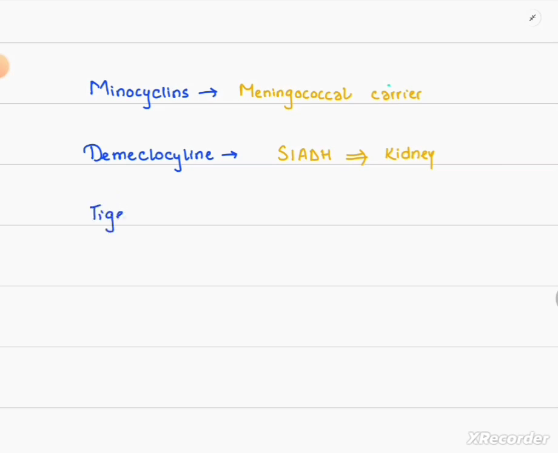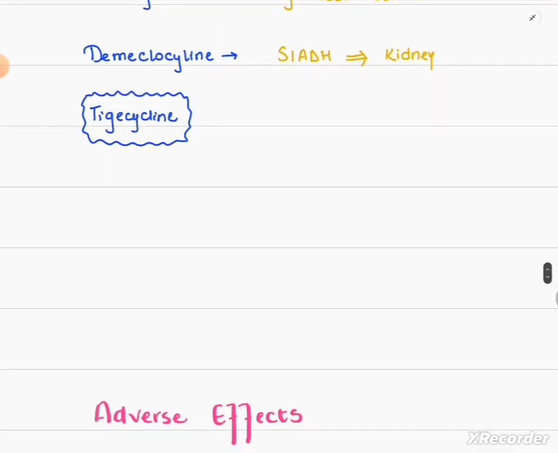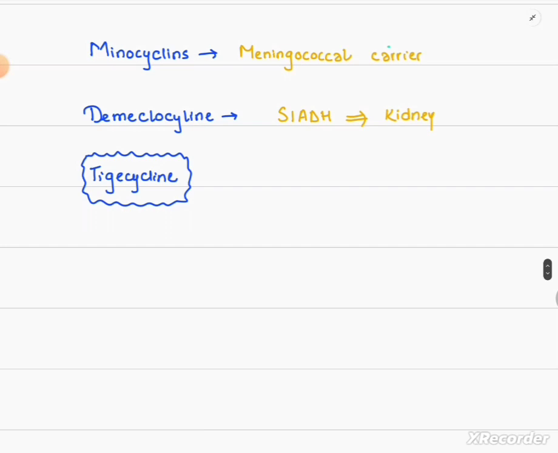The third drug, tigecycline, is the most advanced form of the tetracyclines, and it has a very big profile of bacteria that it covers. It covers all the gram-positive bacteria, which includes MRSA, which is methicillin-resistant Staphylococcus aureus.